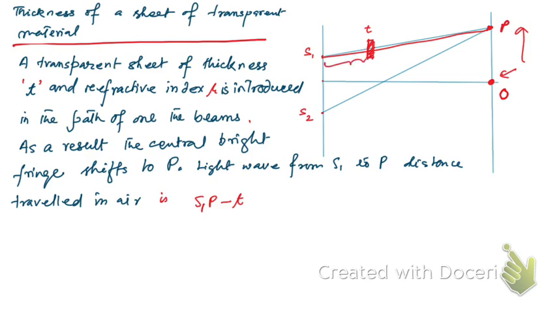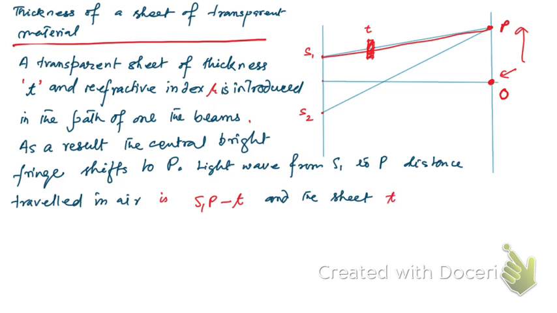So this portion is air. From the total path, if you subtract t, that will be the distance covered in air, right? So we have understood this. And the distance covered through the sheet is t.